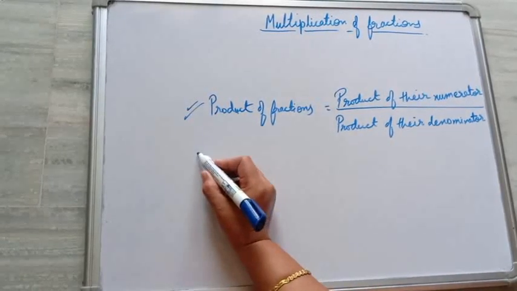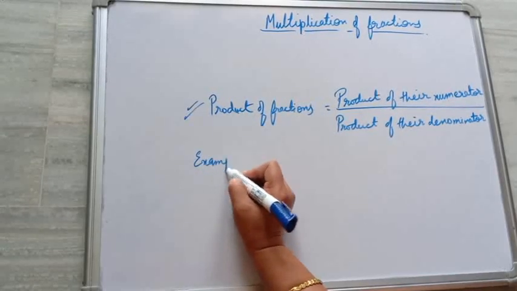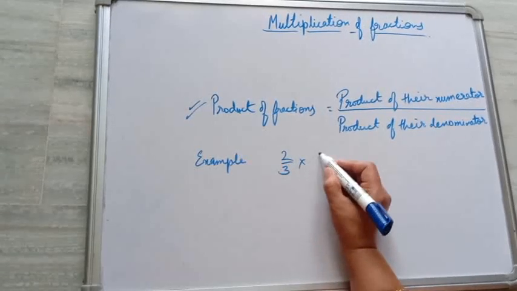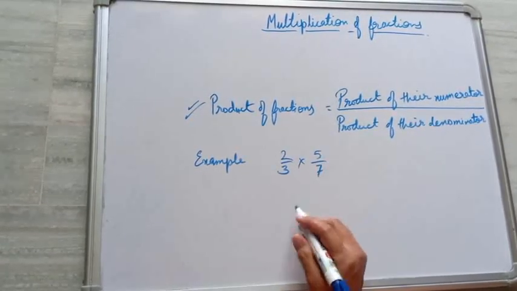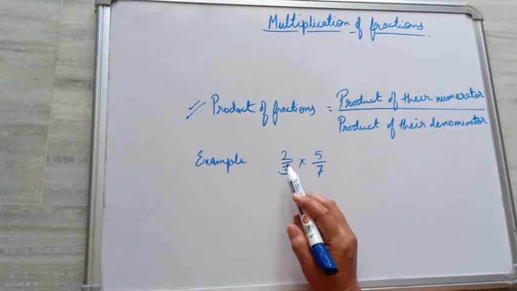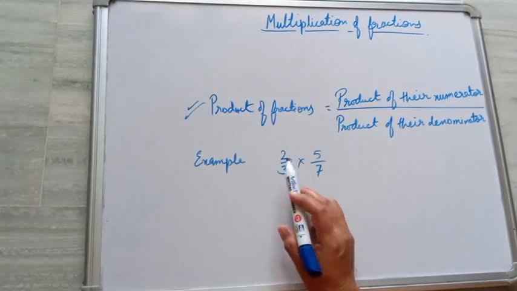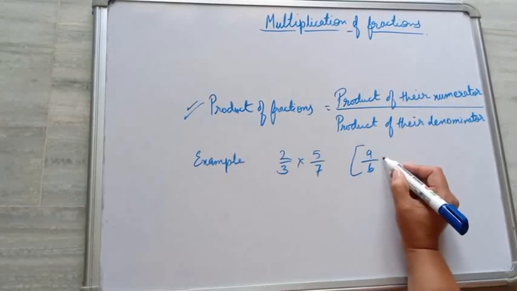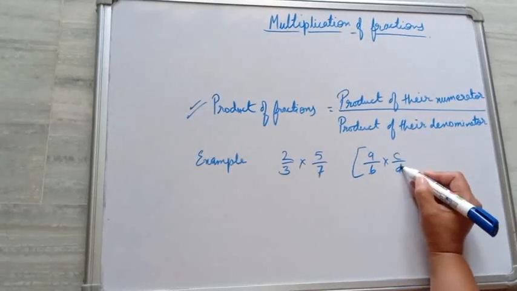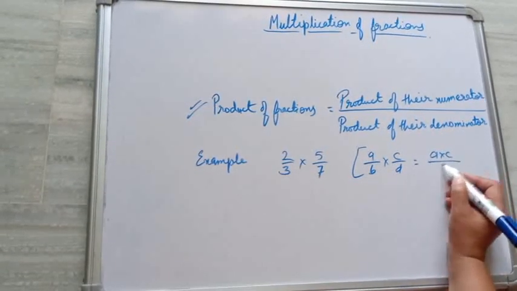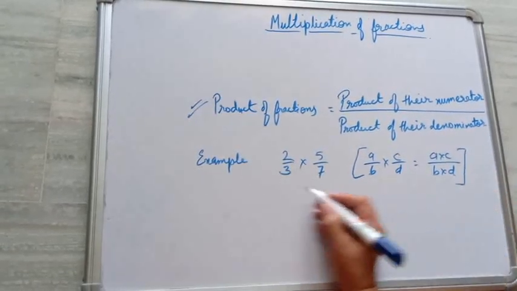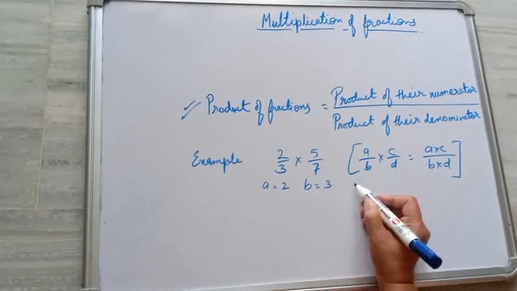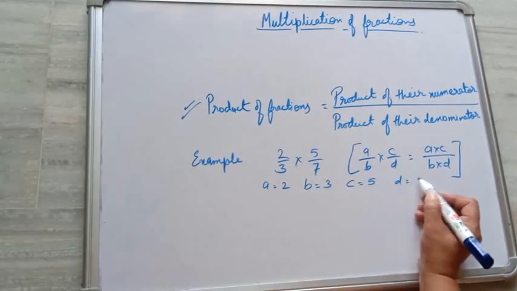For example, 2/3 multiplied by 5/7. So the formula is A upon B into C upon D, that is equal to A into C upon B into D, where in these two fractions A is equal to 2, B is equal to 3, C is equal to 5 and D is equal to 7.